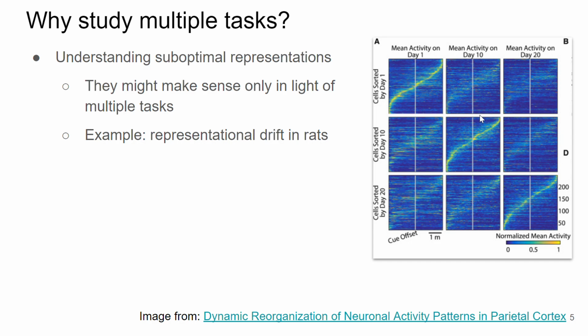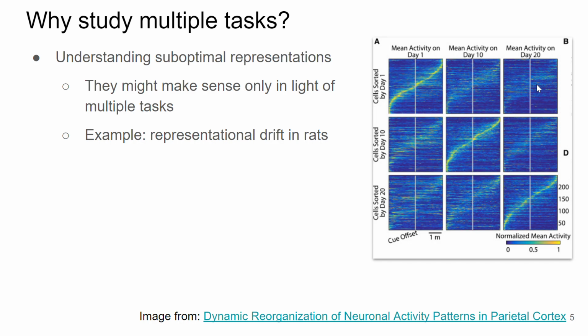This is how the cells are sorted in specific ways. If you see the activity here, what you essentially see is a clear pattern in which neurons are firing, but if you see the mean activity of the same cells on day 10, you don't see that clear pattern anymore, and you don't see it on day 20 either.